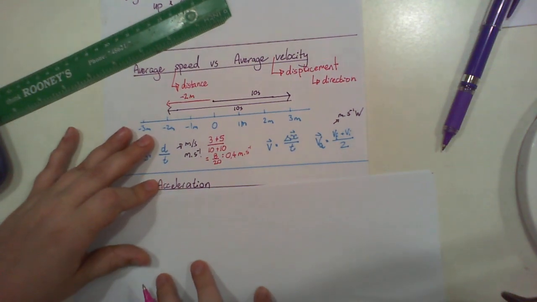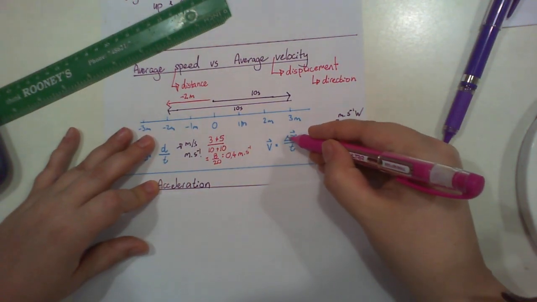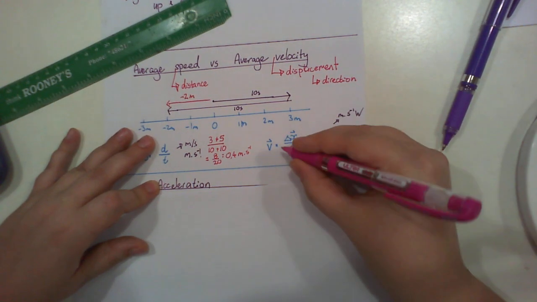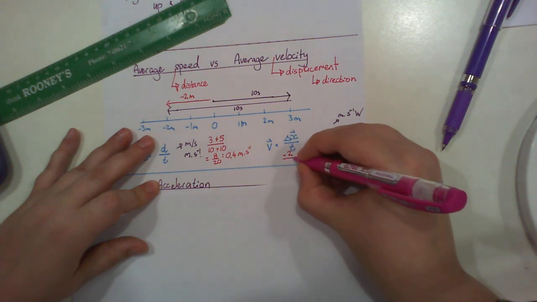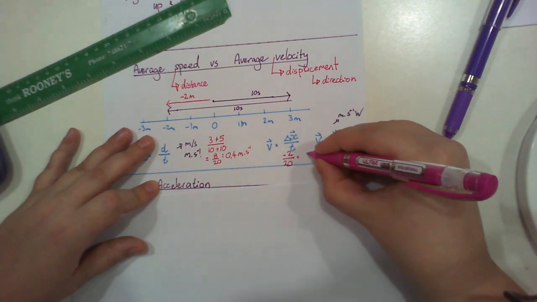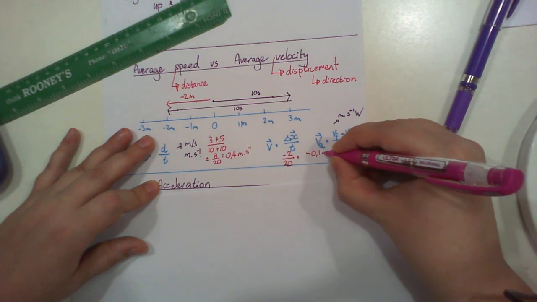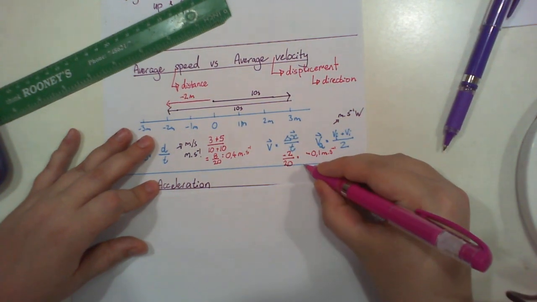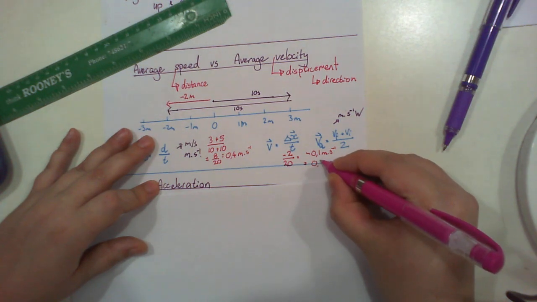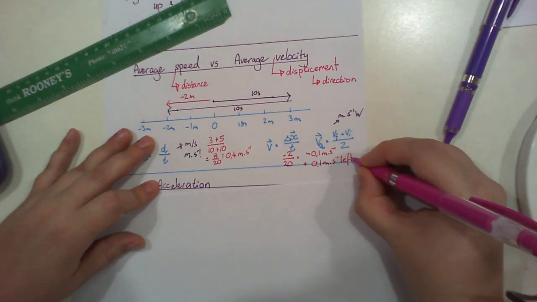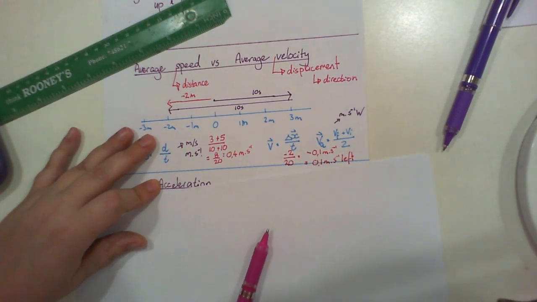So now we know that our velocity, remember, write your equation first, is displacement -2 over, what's our total time? It's still 20, so we'll get -0,1 meters per second. But remember, we can't leave it as negative, so we need to say that is 0,1 meters per second left. Good. Did you get both of those? That's good.